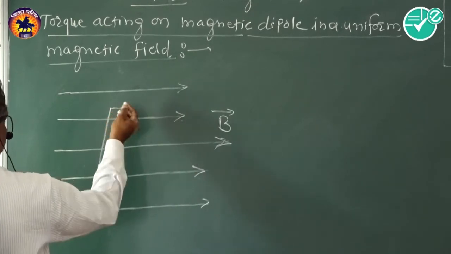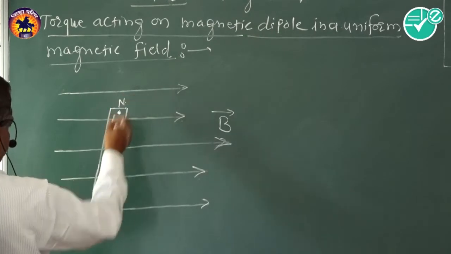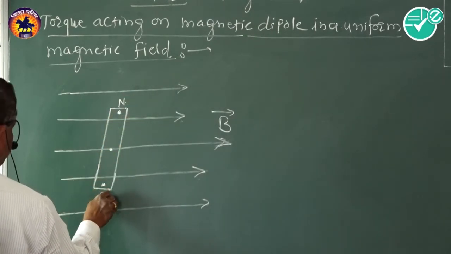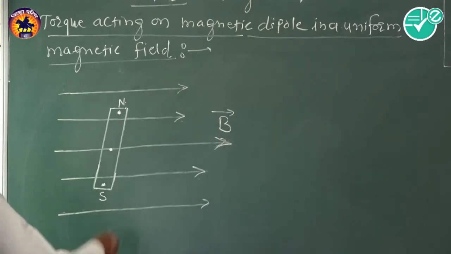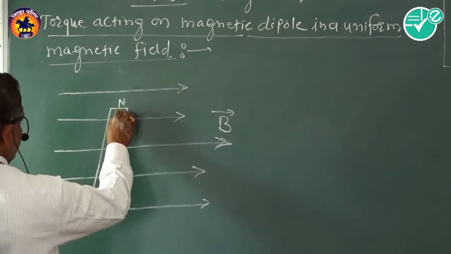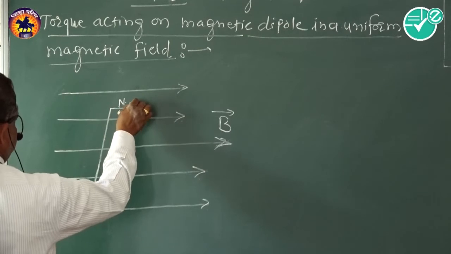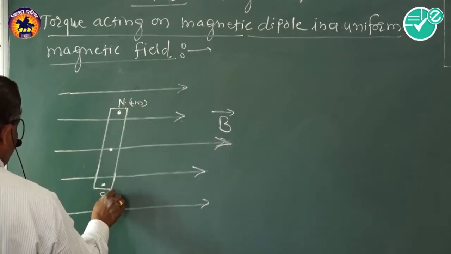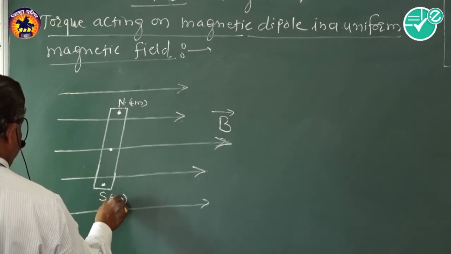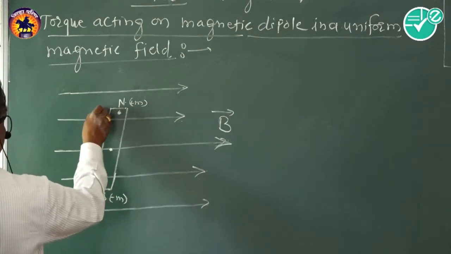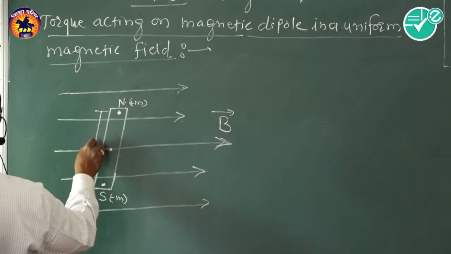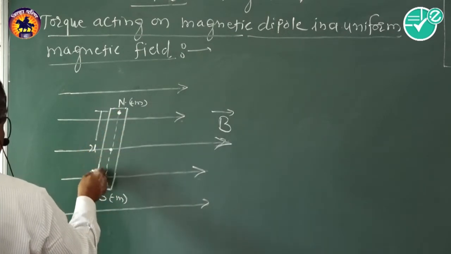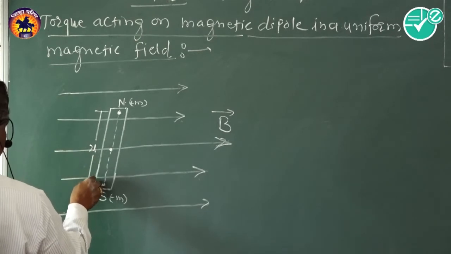This pole of the magnet is a north pole, and this pole is the south pole. Pole strength of the north pole is plus m, pole strength of the south pole is minus m. Twice L is the magnetic length.